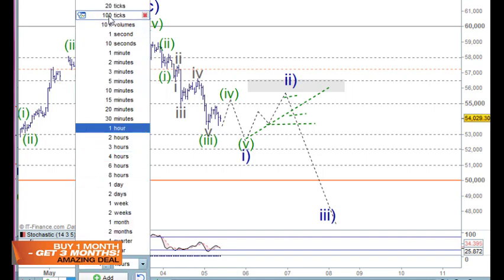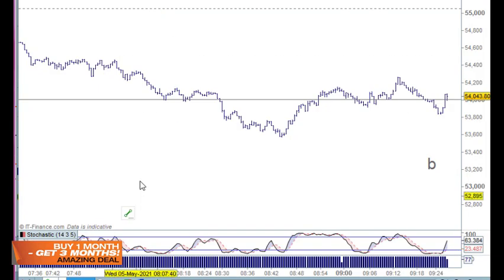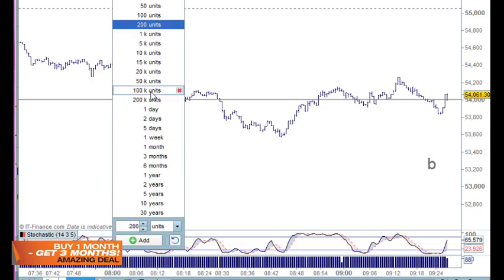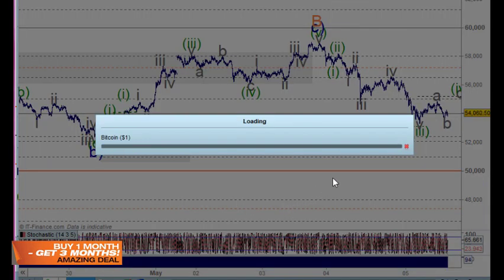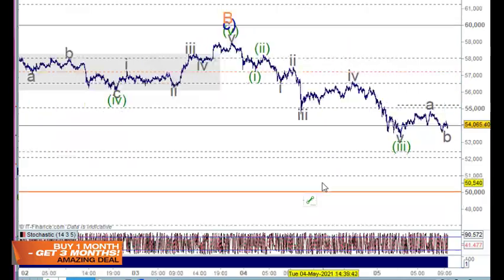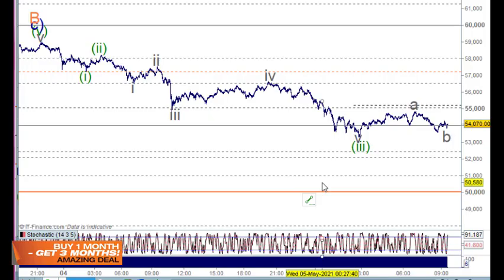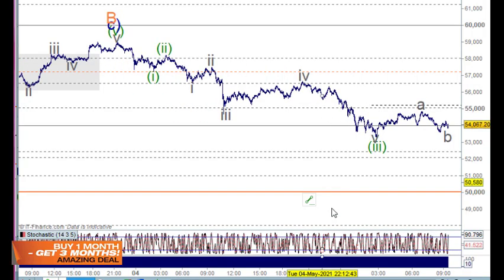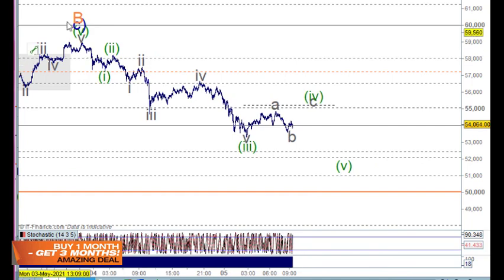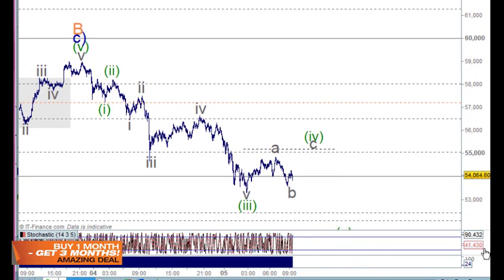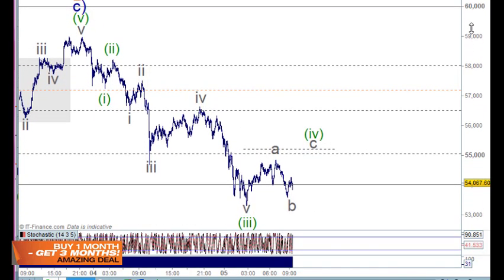We can go to the tick chart and pull that apart a little bit further just to have a bit of a squizzy. Okay, so we've got our orange wave B. I've taken it from this high here, but as I mentioned before, it could be taken from this.